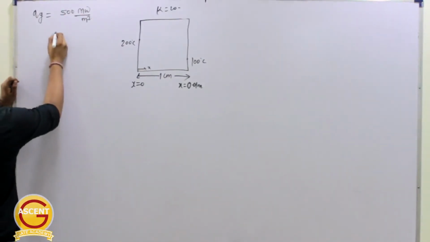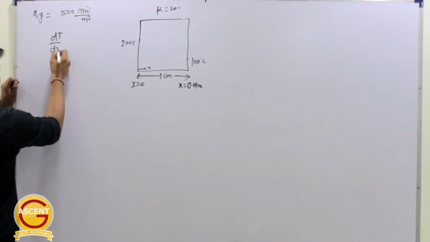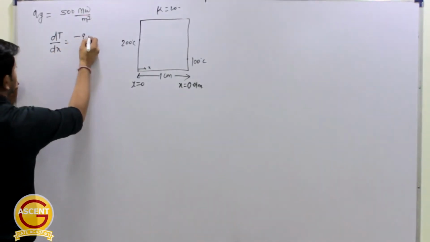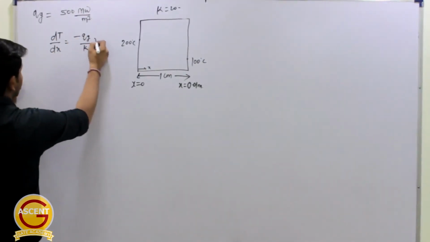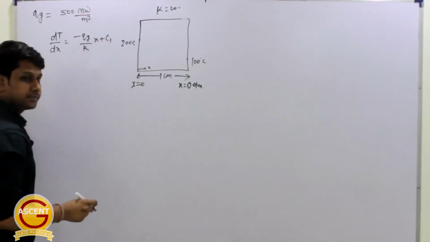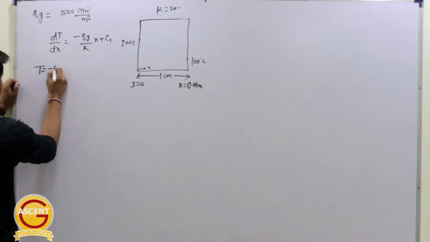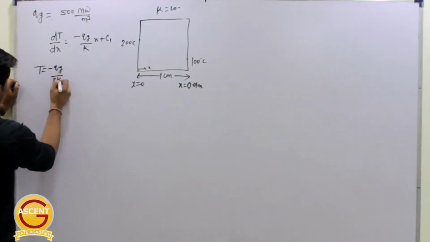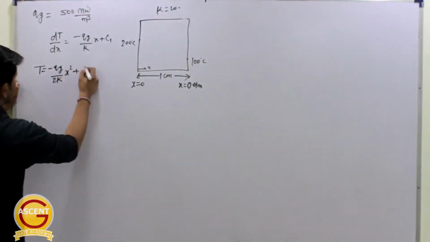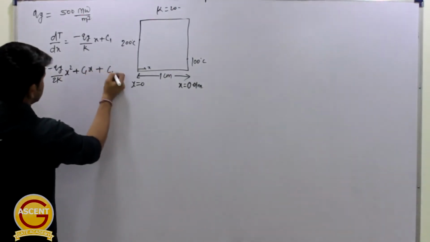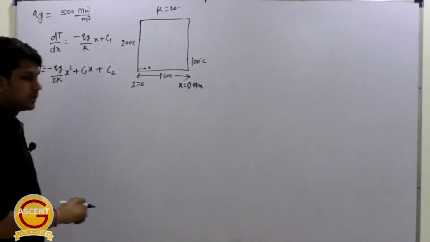So the first equation is dT by dx equal to minus qg by k into x plus C1, right? And the second one is the temperature equation, and it is equal to minus qg by 2k into x square plus C1x plus C2, right?